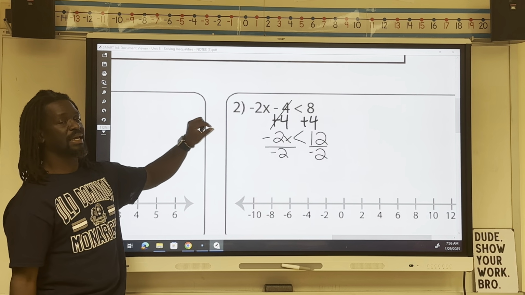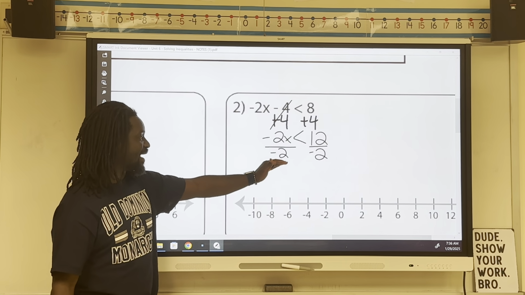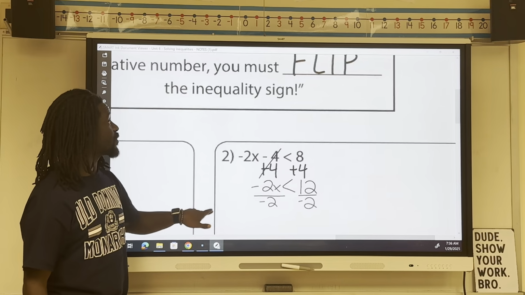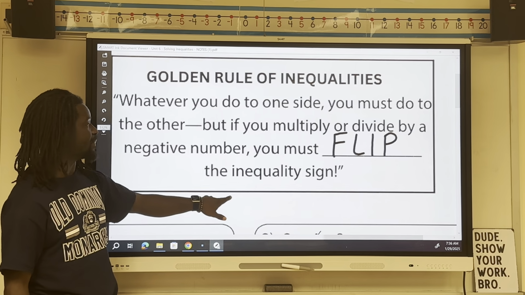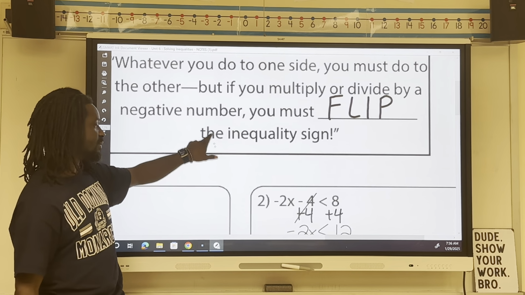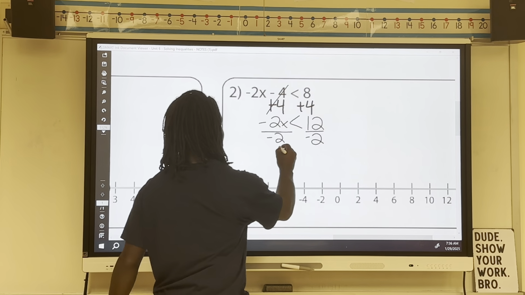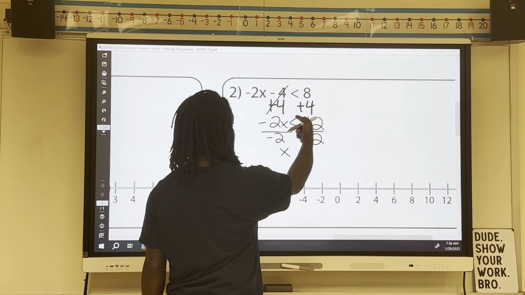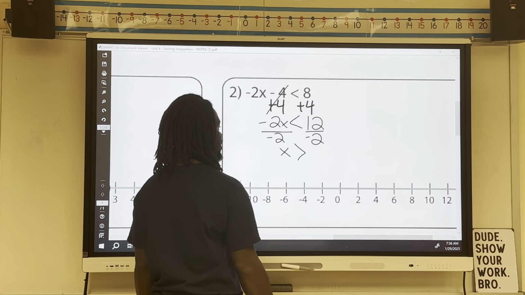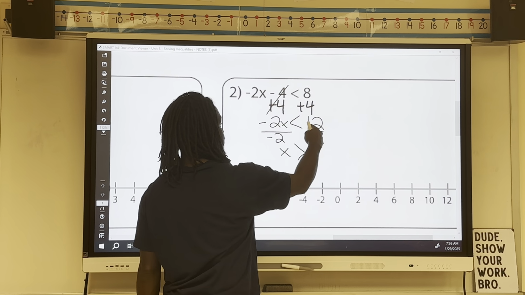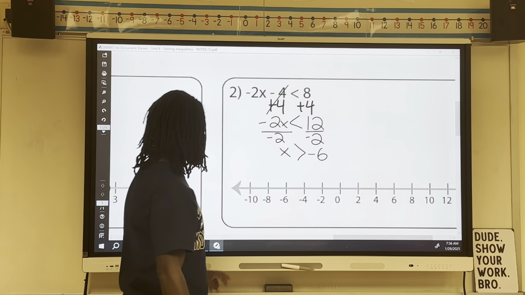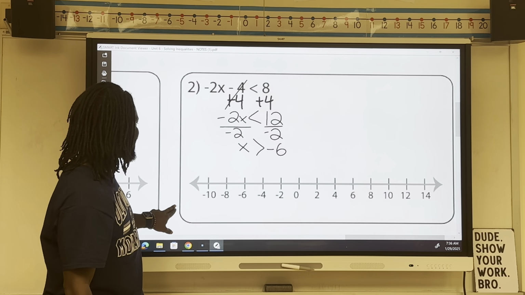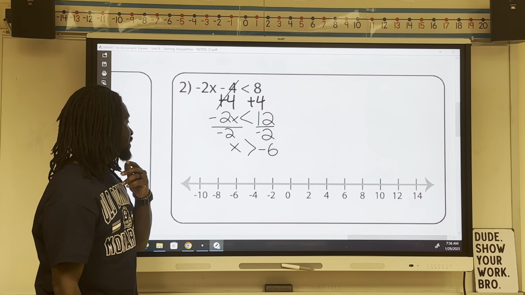I am dividing by a -2, so I have to remember that golden rule: whenever you multiply or divide by a negative number, you must flip the sign. So I had to flip my sign from less than to greater than. 12 divided by -2 gives me -6, and that is my answer.